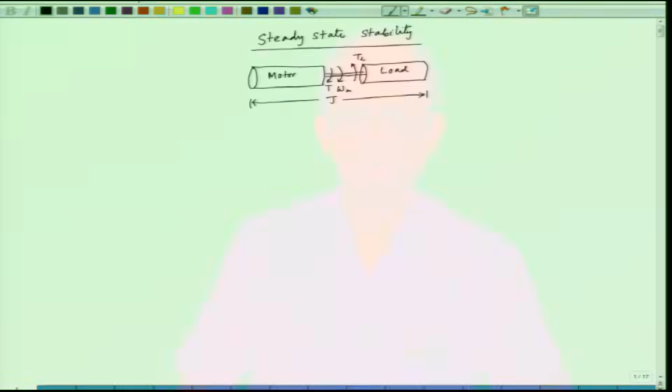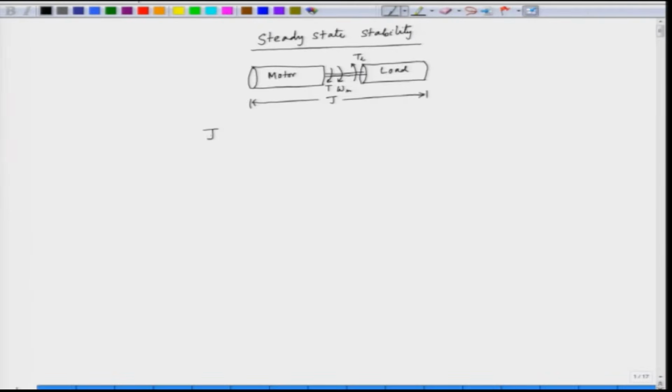Now, we have already seen in the last lecture that when we have a motor and load combination, we can write a dynamical equation, and the dynamical equation is as follows. So, this is J d omega m by dt, which is the angular acceleration into the moment of inertia, which is called the inertial torque, plus viscous friction torque or the frictional torque T f, and the useful load torque, this is equal to the motor torque, that is T here.